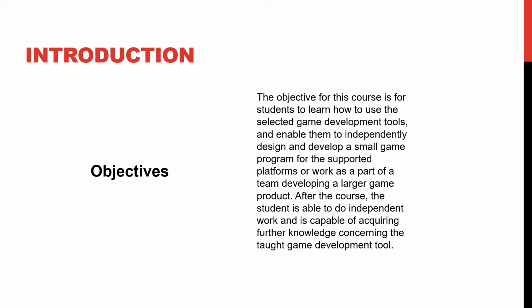The objective of this course is for you to understand how to use selected game development tools and how you can use these tools to independently design and develop a small game of your own design, and later perhaps work on a game development project team as a part of a larger team or as a lead developer for a platform of your own choosing, and of course also understand how the software industry differs from the games industry, and how you can use your software engineering skills in the context of game development.